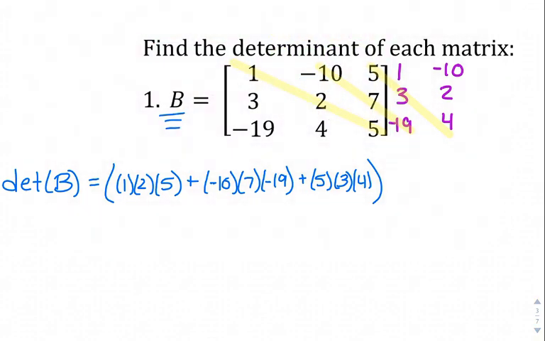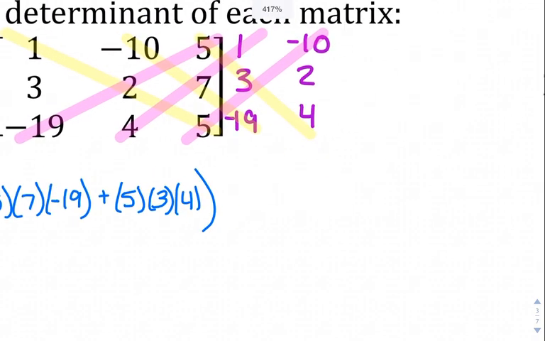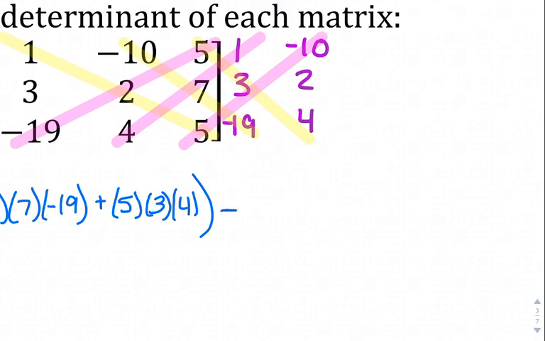Now my off diagonals go the other way. So there's 1, 2, and 3. So since this is a 3 by 3, I'm going to have 3 diagonals each way. If it was a 4 by 4, that would be 4 diagonals each way. 5 by 5, 5 diagonals each way. And now I'm going to subtract the off diagonals. So I'm going to start with negative 10, 3, 5.